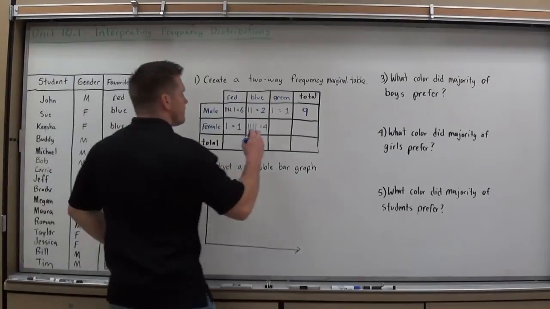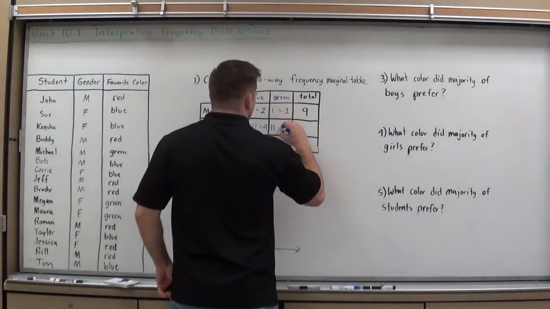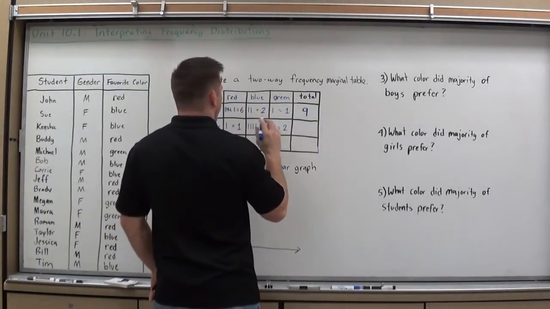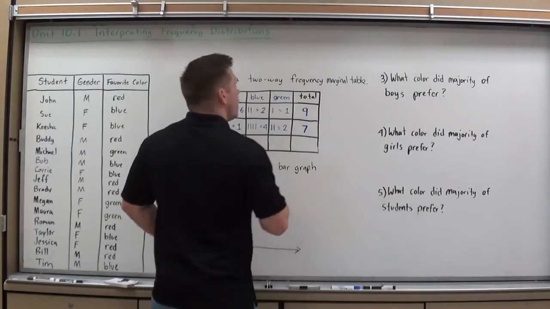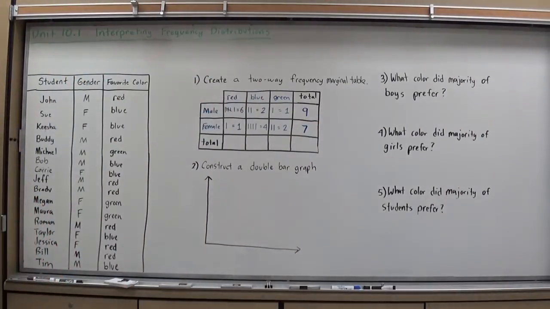I only see 2. So total that's 4, 5, 6, 7 females. I can already see it looks like they surveyed more males than females, or there were more males in the class. Let's double check that female wise. 1, 2, 3, 4, 5, 6, 7 females. It's working out good.